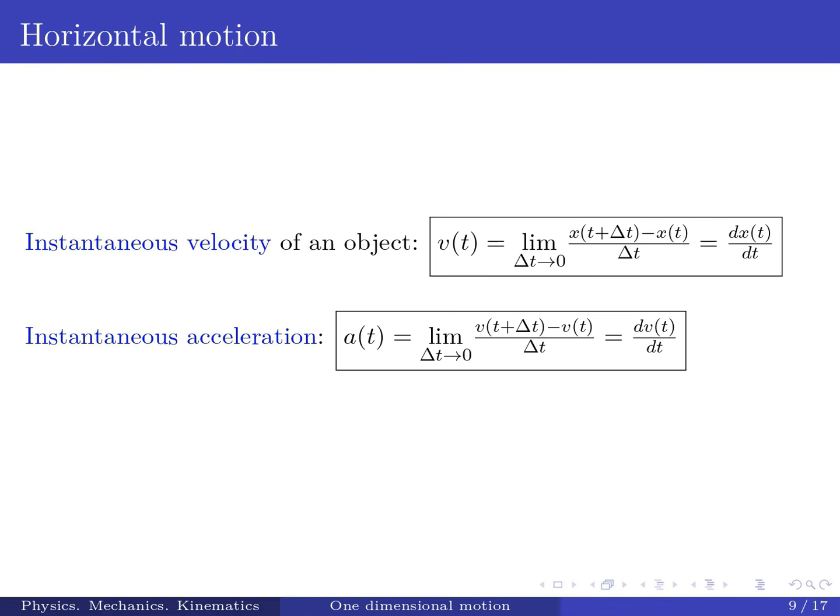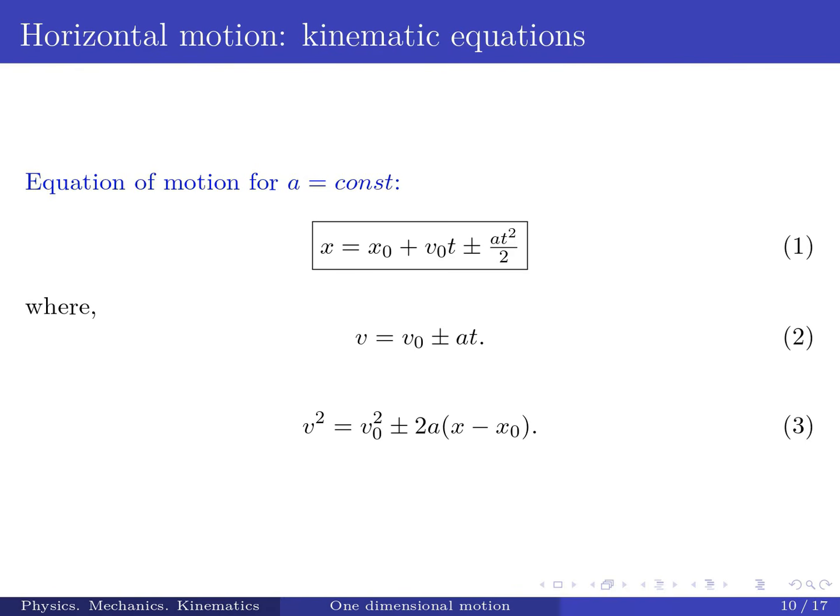Instantaneous acceleration, the acceleration at a specific instant in time, is calculated using the same approach as instantaneous velocity. It's a derivative of the velocity function with respect to time. In general, the equation of motion with constant acceleration is given by equation 1.